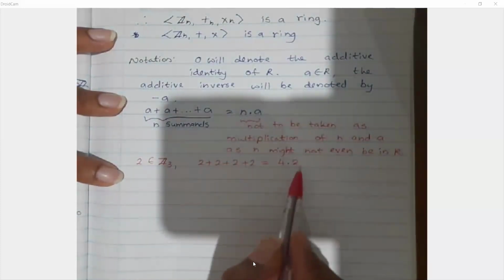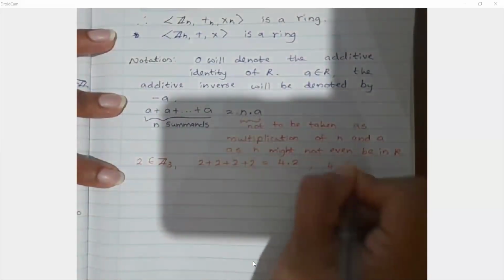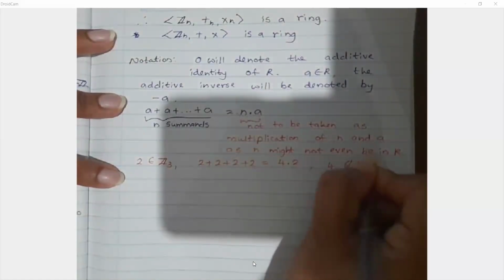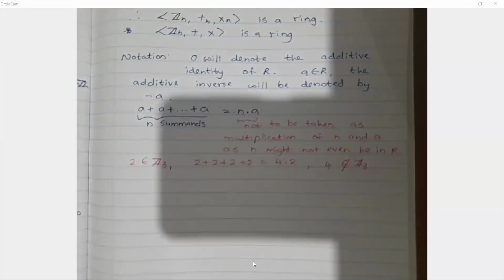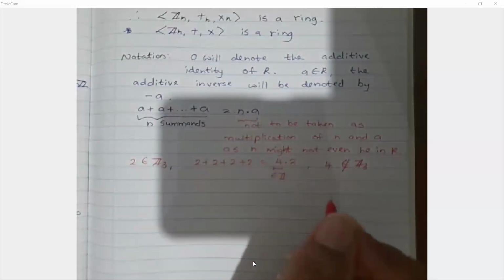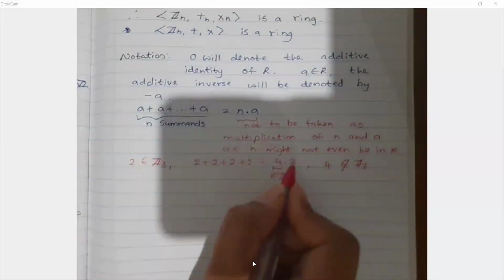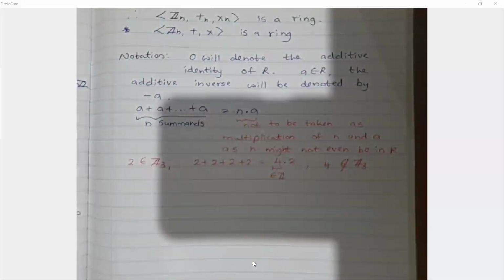But does it mean you're taking the multiplication of 4 and 2? No, because 4 is not an element in Z3. This simply means you are adding 2 four times. This 4 simply belongs to the set of integers, right? This does not mean you are multiplying these two elements coming from here. It's not always true.